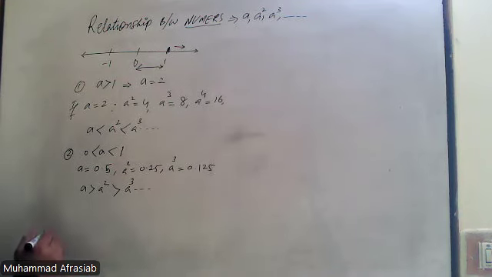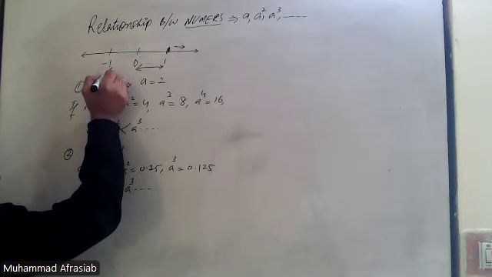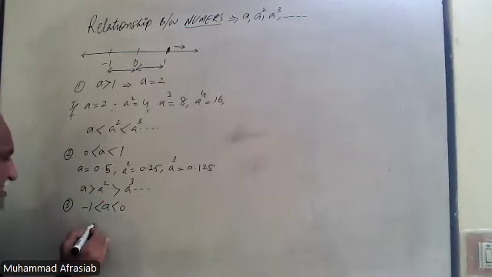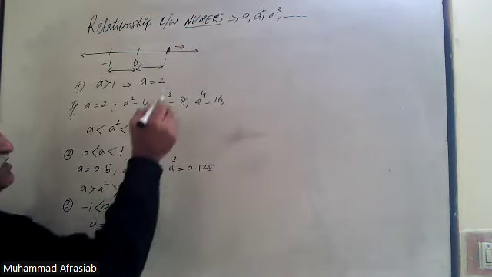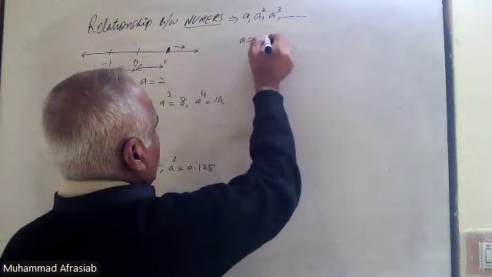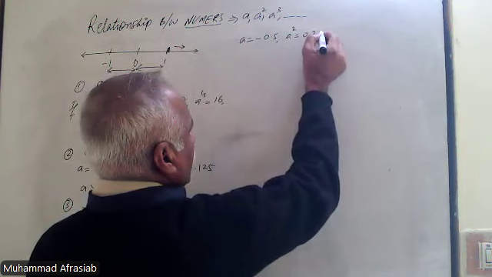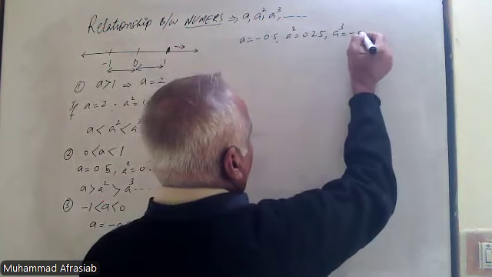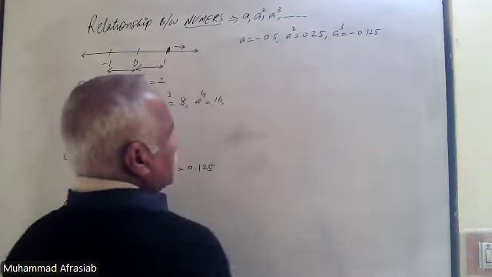The third part is when a lies between -1 and 0. For example, a is equal to -0.5. Then a square is equal to 0.25, and a cube is equal to -0.125.